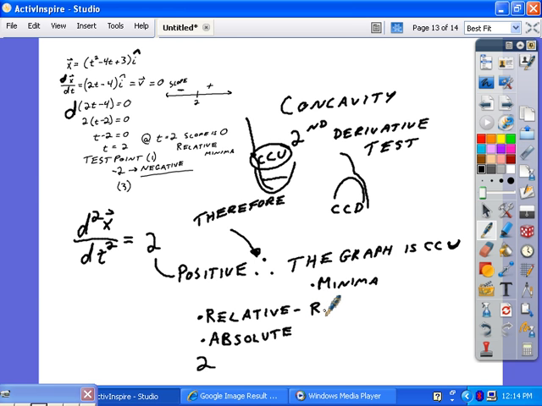Relative means relatively close, or the range near it. An absolute maxima or an absolute minima means that in any time that this graph exists, positive infinity to negative infinity, anywhere, that means it is never going to be larger than or never going to be smaller than.